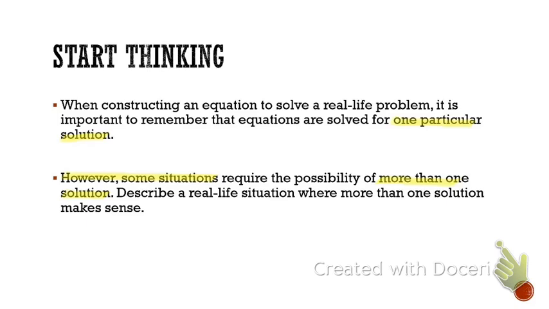Okay, so I just want you to think for a minute, maybe pause the video, just think for a minute, what is a situation in real life where there would be possibly more than one solution that would be acceptable? All right, so I'm going to start off with an example. The age of voting. Okay, so how old do you need to be to vote?